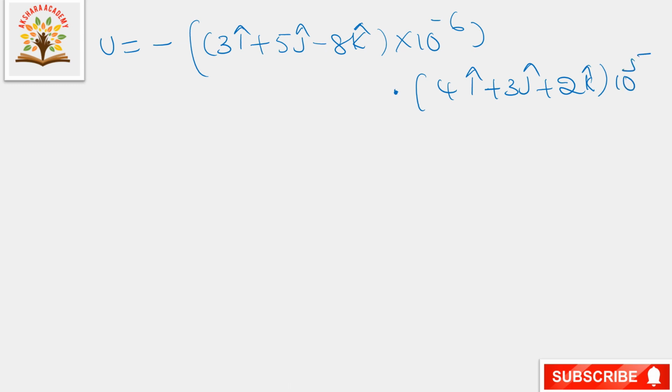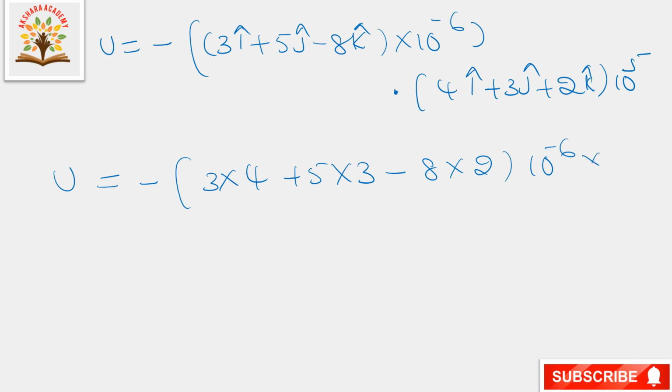So U, the potential energy of the dipole, is equal to minus of 3 into 4 plus 5 into 3 minus 8 into 2, into 10 to the power of minus 6 into 10 to the power of 5.